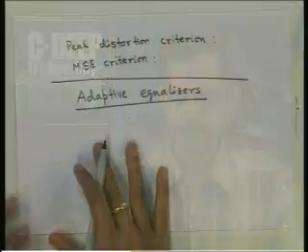And again we can have different criteria for designing adaptive equalizers. Different criteria will give us different types of solutions, and there are various ways of designing adaptive equalizers. Some are more complex than others, some use one criterion, some use another, and so on.